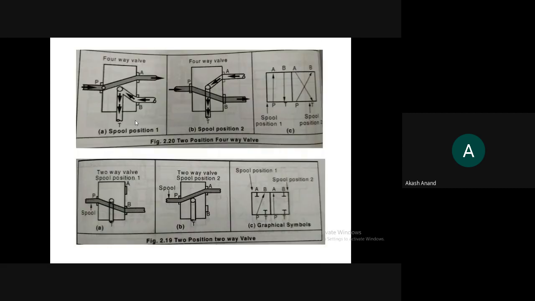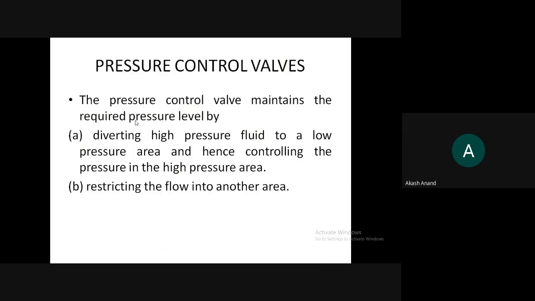Okay. So we can go to the next type of valve, that is pressure control valves. You already discussed directional control valves. Directional control valves are actually used for controlling the direction of the working fluid. But here, as the name suggests, this is used to control the pressure.